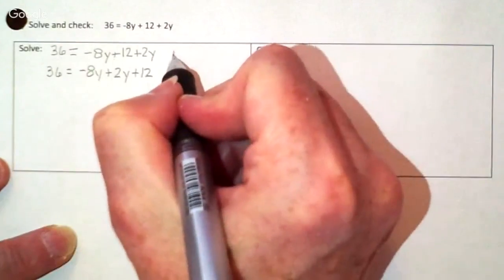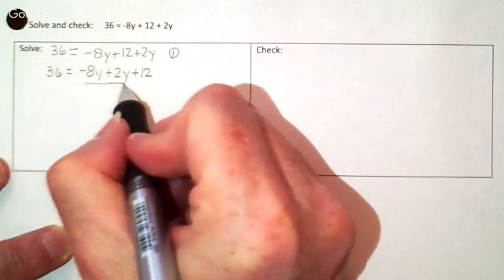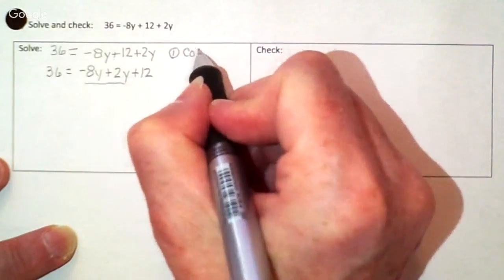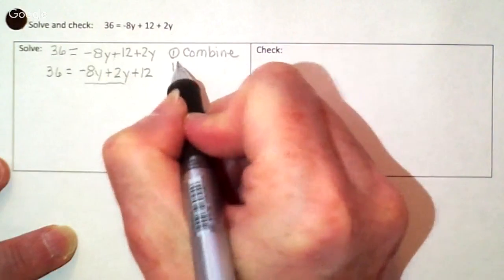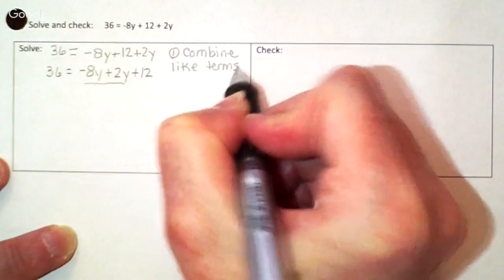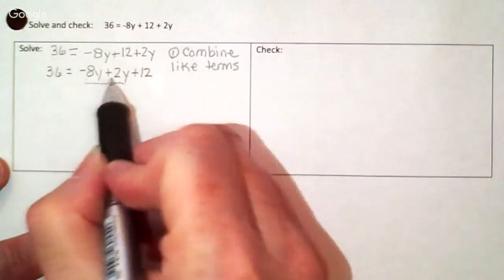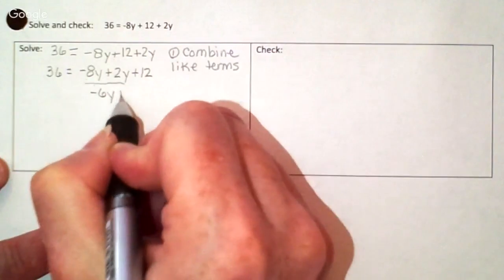So now, step 1, combine our like terms here. So we have negative 8 plus 2 is negative 6y plus 12.